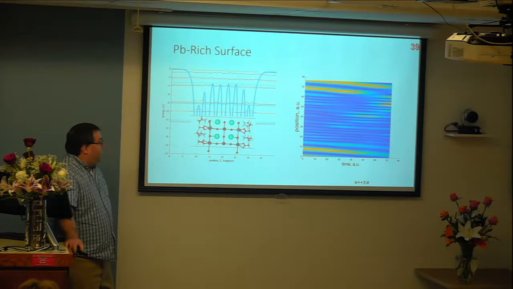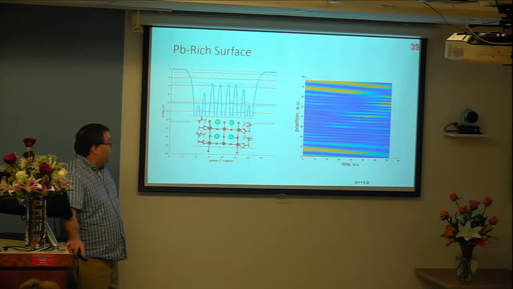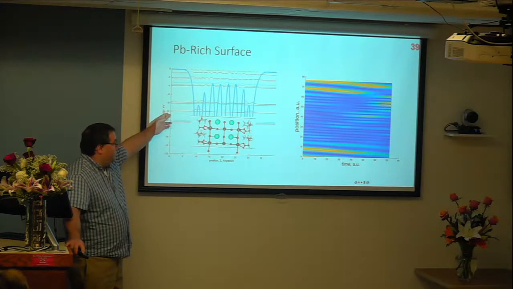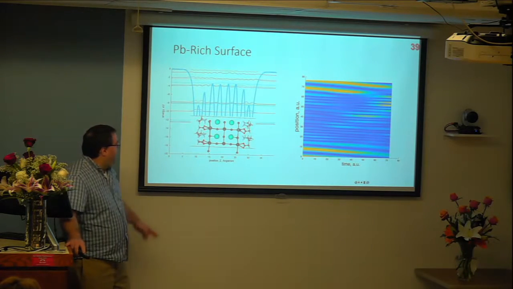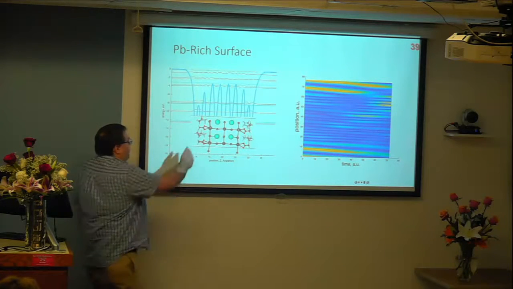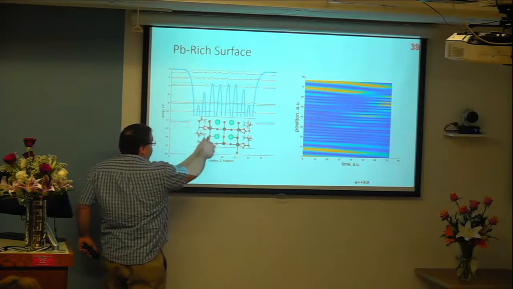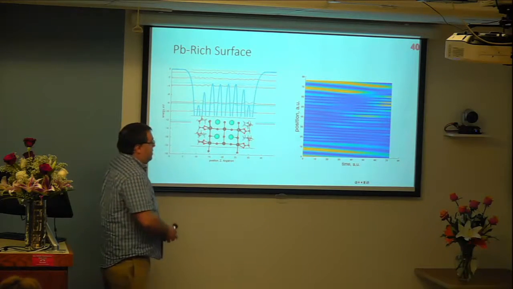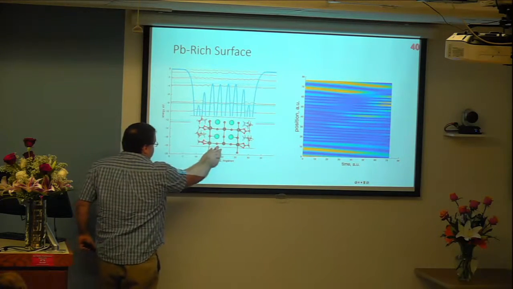What we found is for the lead-rich surface, we have our potential energy wells here. This isn't the best graph. These ones are where the lead is. In this graph, the lead is gray. Where the lead is are the deepest wells.